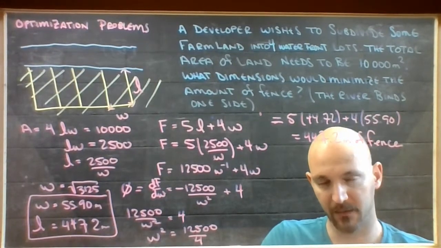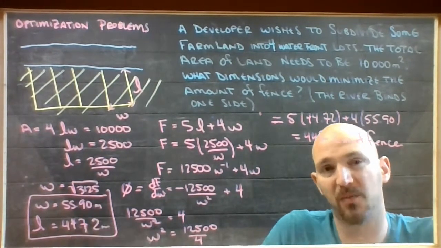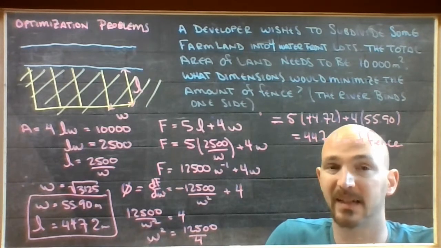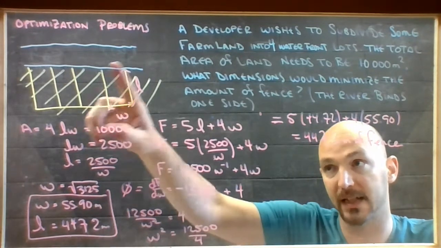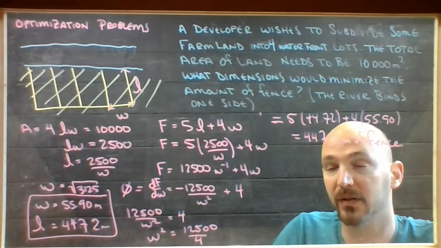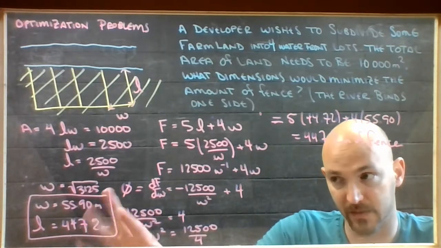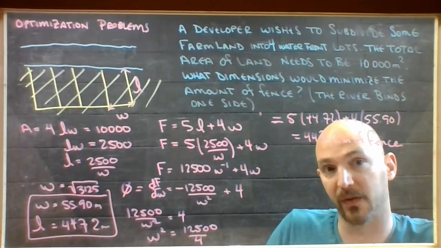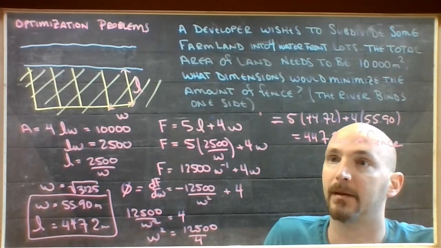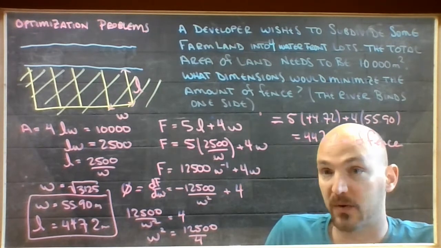So again, with these optimizations, this almost ended up square. It didn't end up square completely because I didn't have to pay for the fence on the river. If I had, then this would probably work out to 4 perfectly square lots. Same process as always, though.